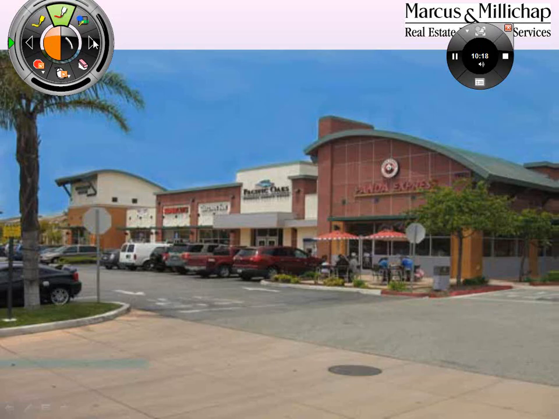When a tenant in a shopping center may be paying $10,000 a month in rent to the landlord, unlike an apartment building, they may also be paying their pro rata share of all or part of the expenses.